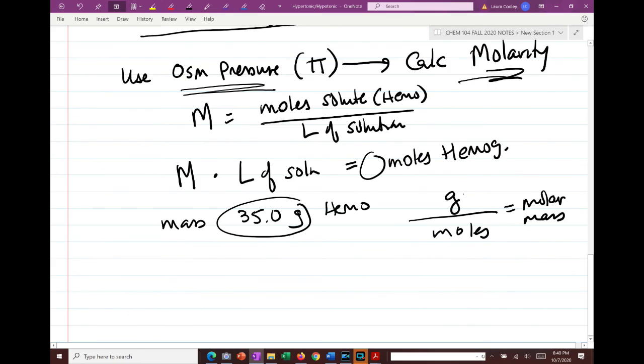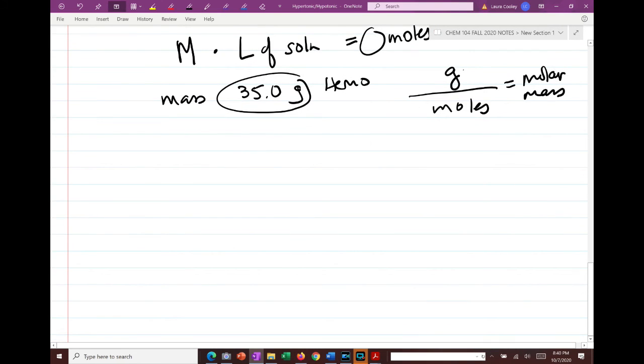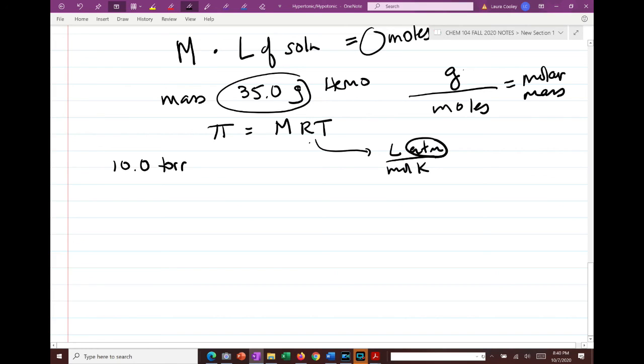So let's do that. Okay, and remember, we have to take this 10 torr. If we're going to use the equation, pi equals MRT, this R is in liter atmospheres per mole Kelvin, so we have to get the pressure in atmospheres.